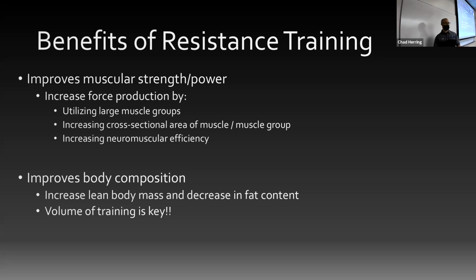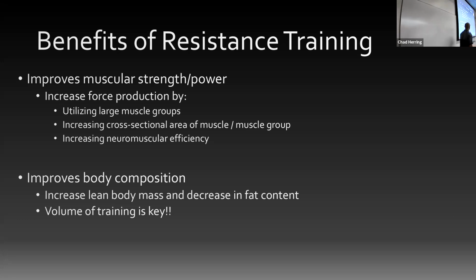So this lecture is primarily based on resistance training, which is a type of anaerobic training, but just understand there are other types of anaerobic training that have slightly different adaptations.